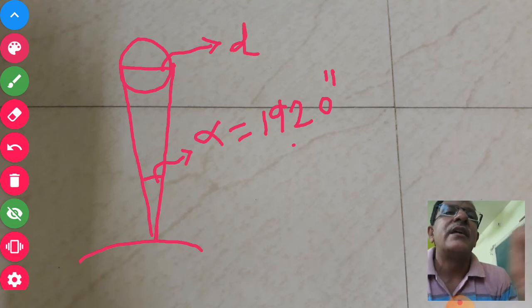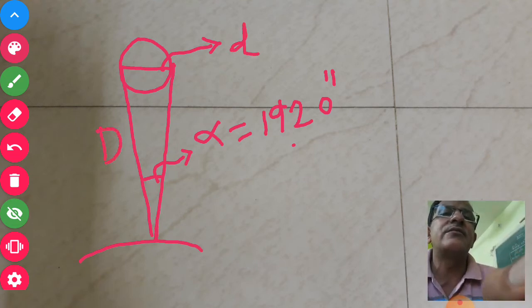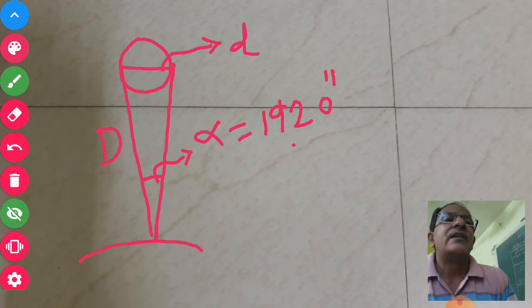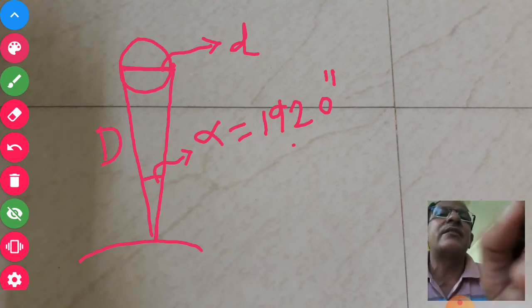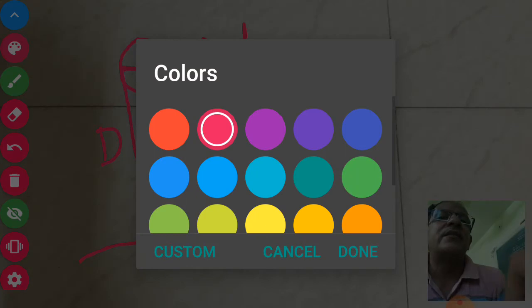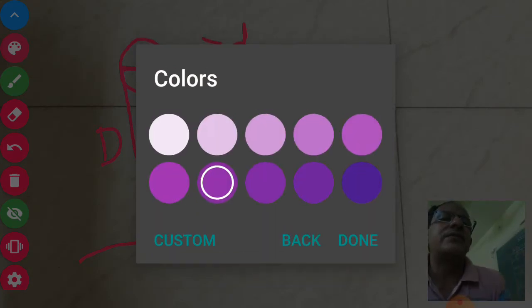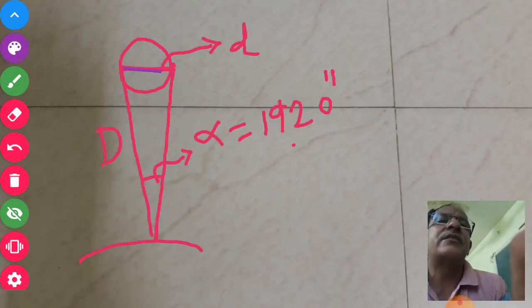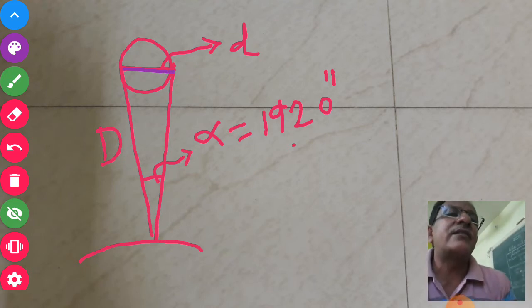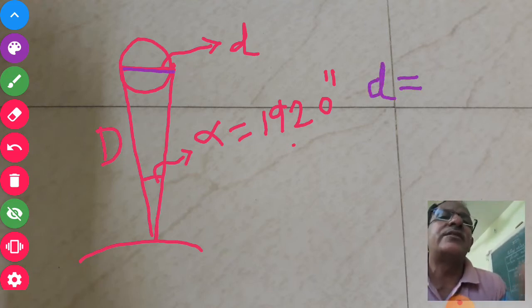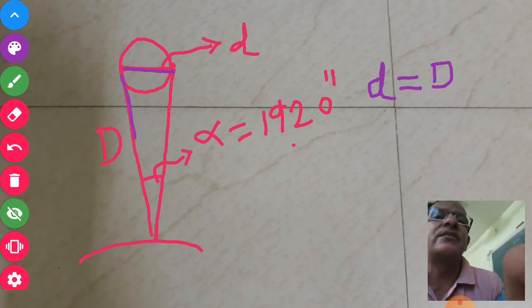The distance of the sun from the earth is known to you, that is capital D. Now this becomes your arc. So arc is equal to radius, radius is capital D, multiplied by the angle theta.